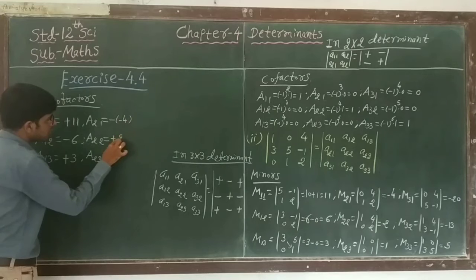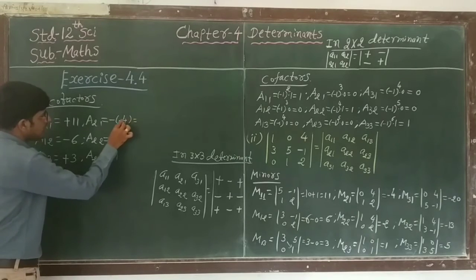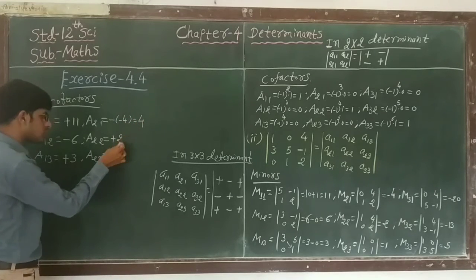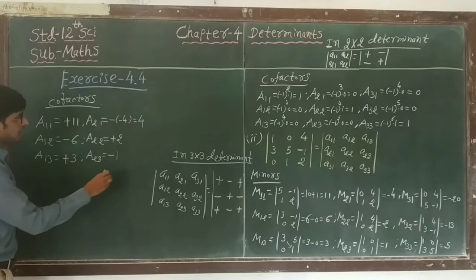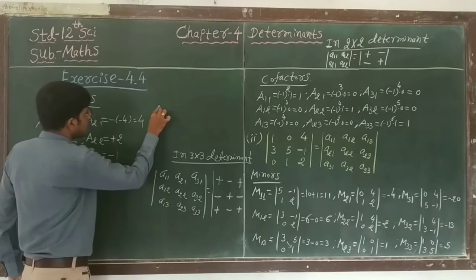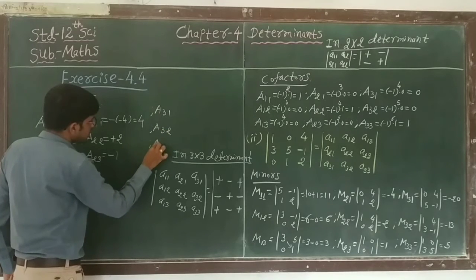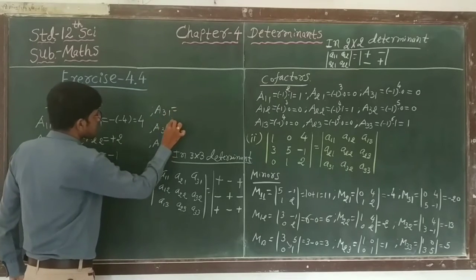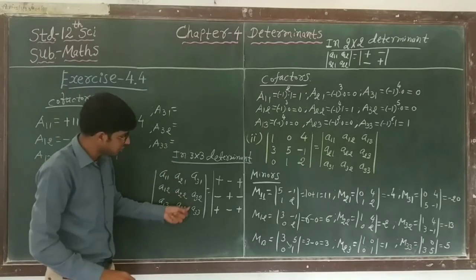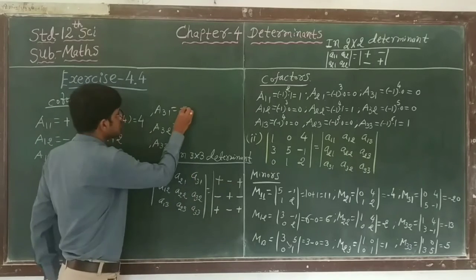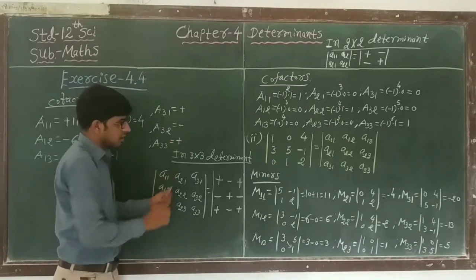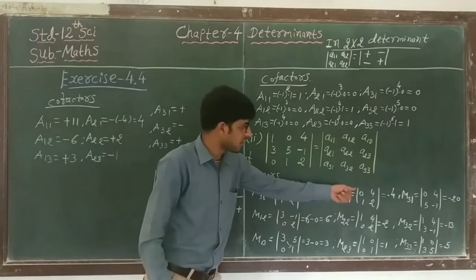Minus 4 to 1, so it gives minus minus plus 4 to minus 1. Next, A31, A32 and A33. So for A31, 3, 3, the signs are plus, minus, plus. Write down plus minus plus and multiply with the minor of the given element.